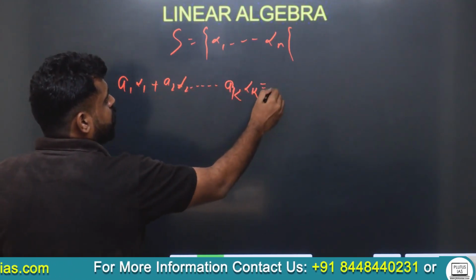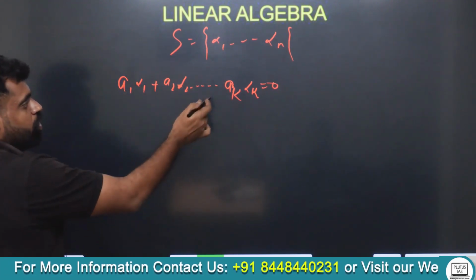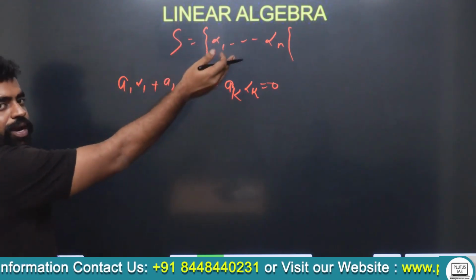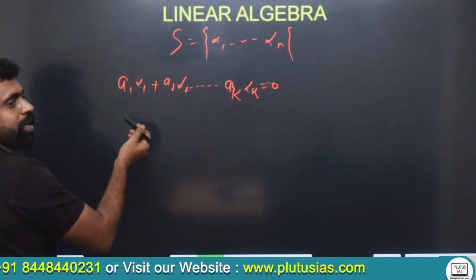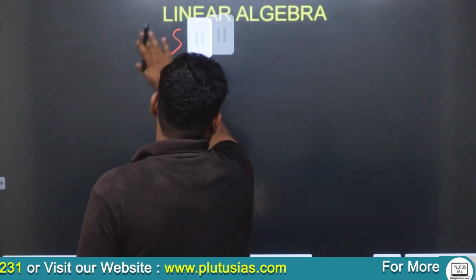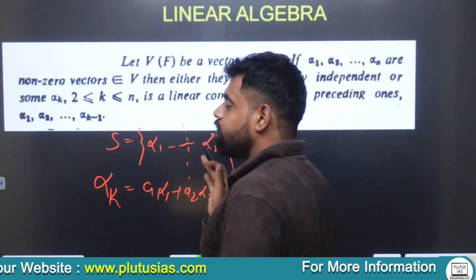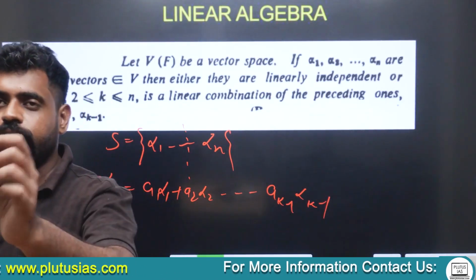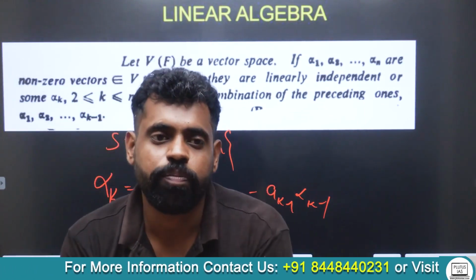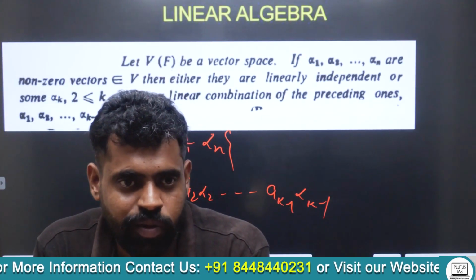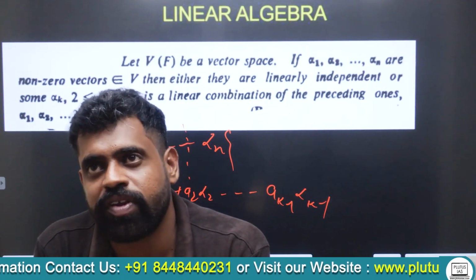If it is not equal to 0, then we can take this to that side, and divide. So for now, please understand that if it is linearly dependent, then one of the vectors can be written as a linear combination of preceding vectors.